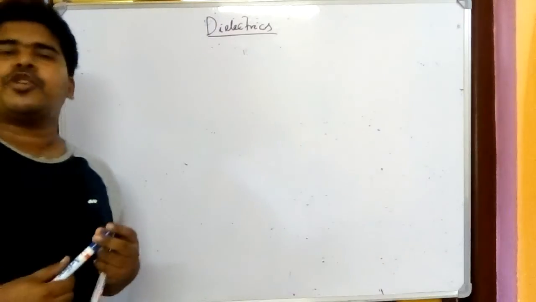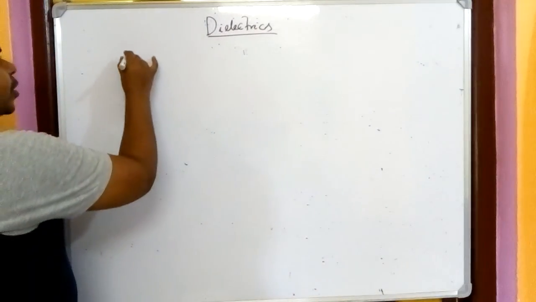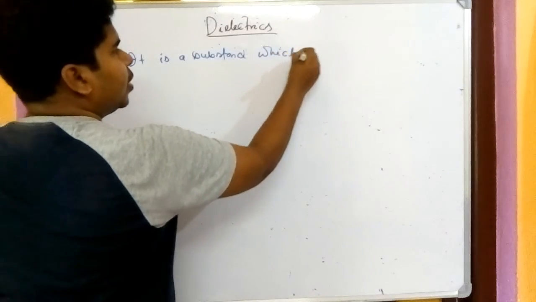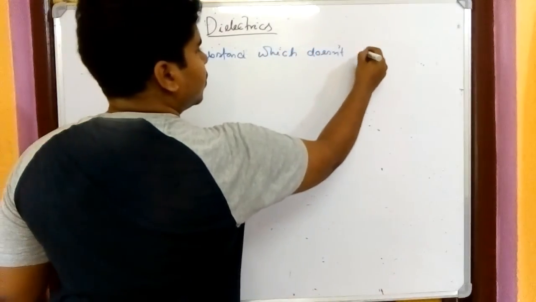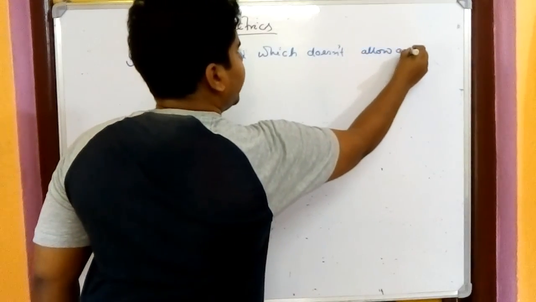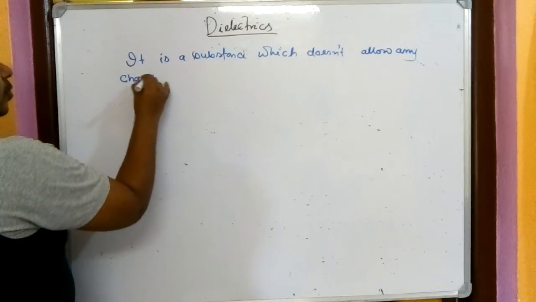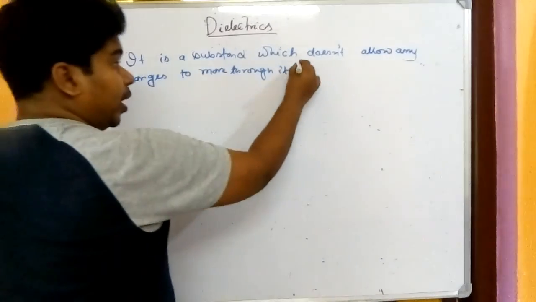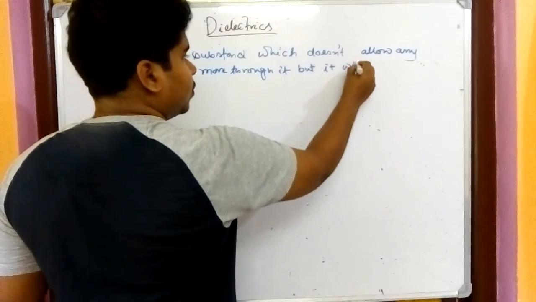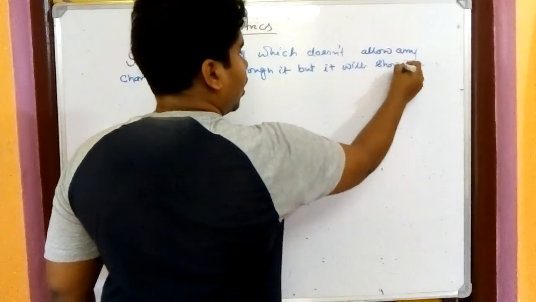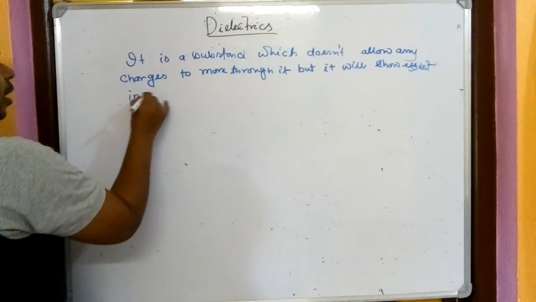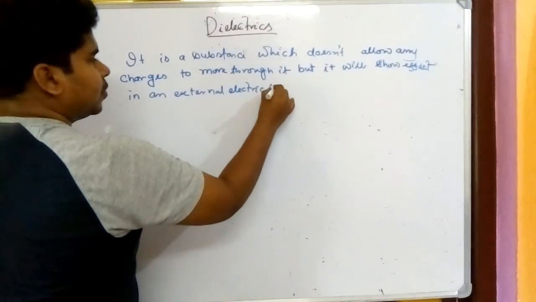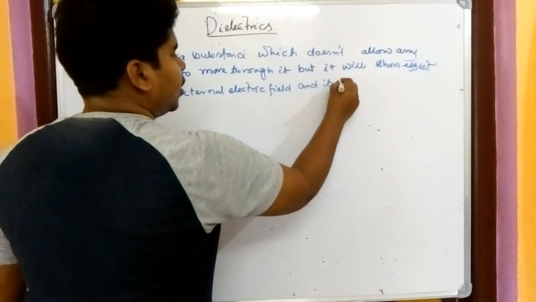If I go by the definition of dielectrics, it tells that it is a substance which doesn't allow any charges to move through it, but it will show effect in an external electric field, and it is polarized.